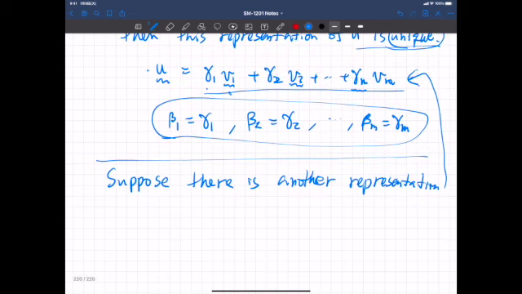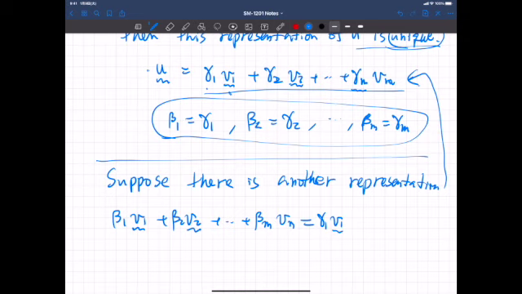Then we have beta 1 v1, beta 2 v2, etc., beta m vm is equal to gamma 1 v1, gamma 2 v2, etc., gamma m vm.